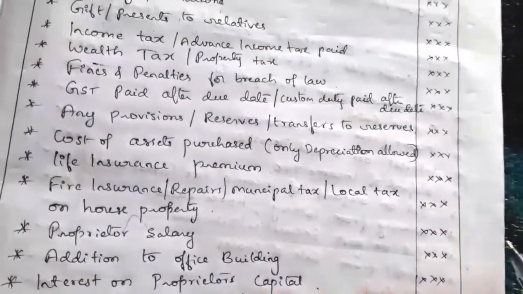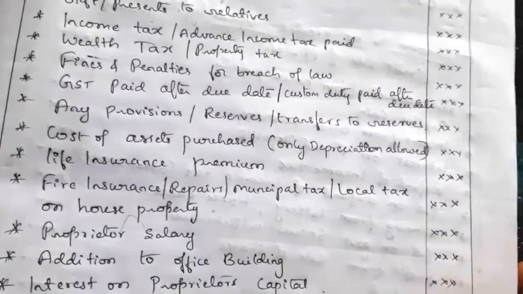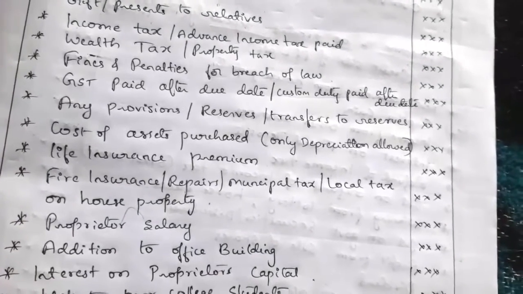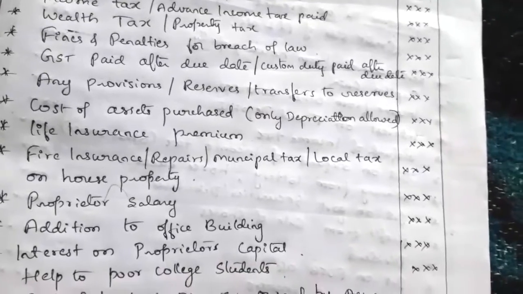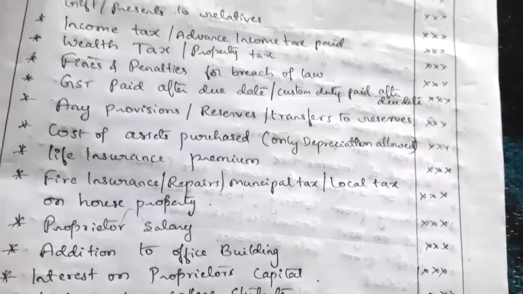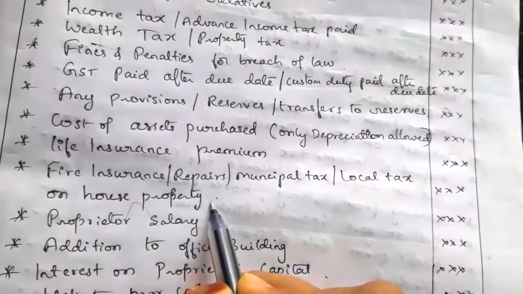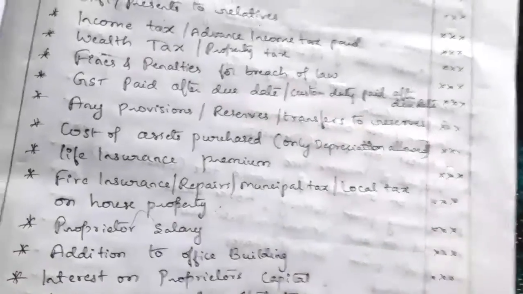Then any fire insurance, repairs, municipal tax or local tax paid on house property. These expenses are relating to house property. They should be recorded under section 22 of income from house property. It is not relating to a business. It is relating to house property. It should be recorded under section 22 of the income from house property head.